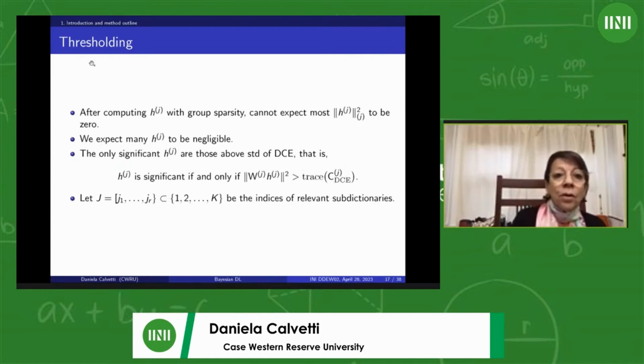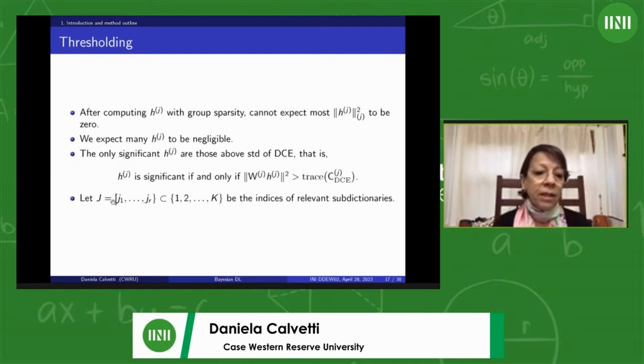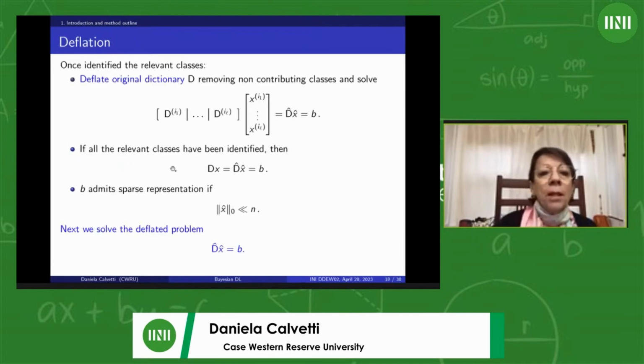After this scoring and thresholding, we will have a vector with the indices of just a few of the subdictionaries that play a relevant role. Once we have identified the relevant classes, we go back to the original dictionary and form a new reduced, deflated dictionary that only contains the relevant subdictionaries. And now we're ready to solve the matching problem for B.